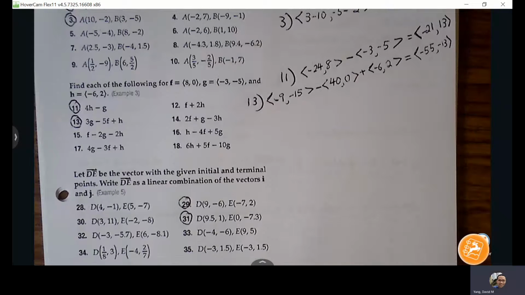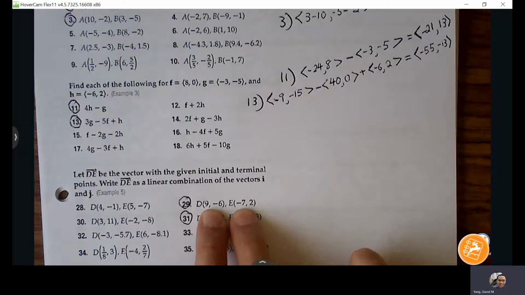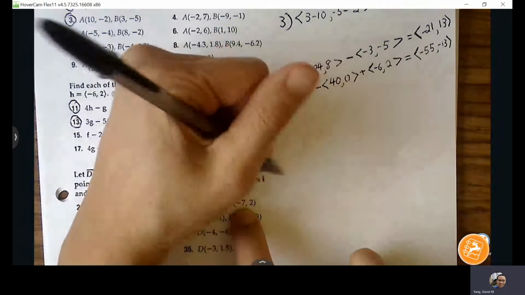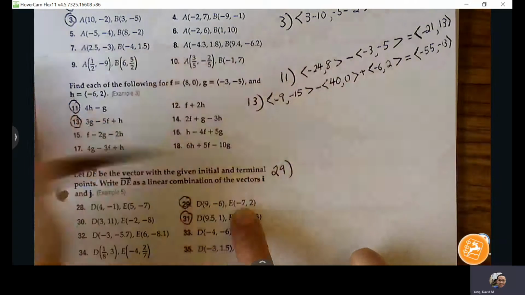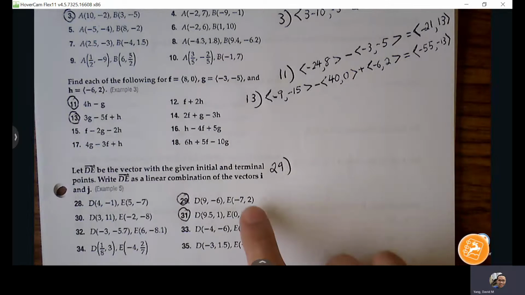All right, let's skip down to 29 and 31. So let's get this in terms of, I like to go through component form first and then transform it to unit vectors.